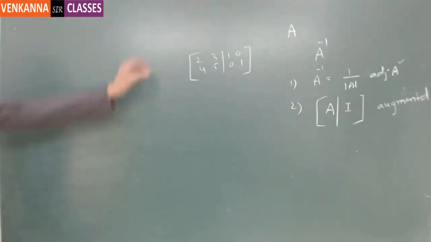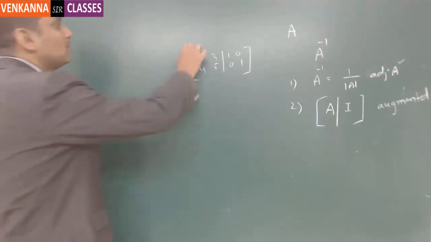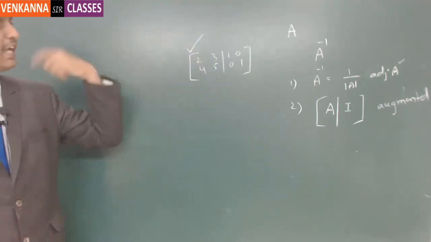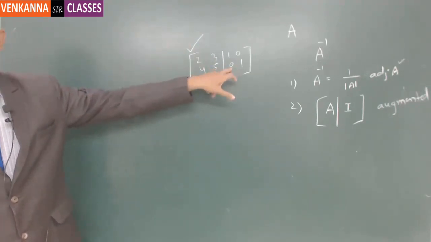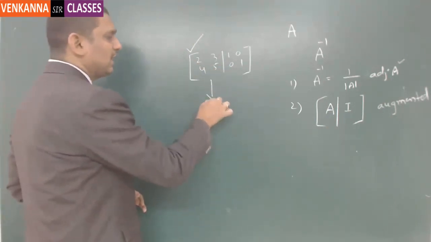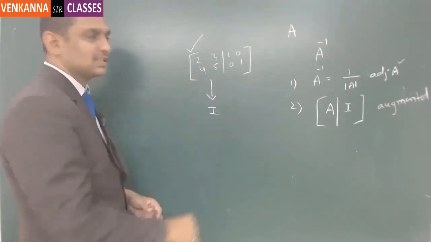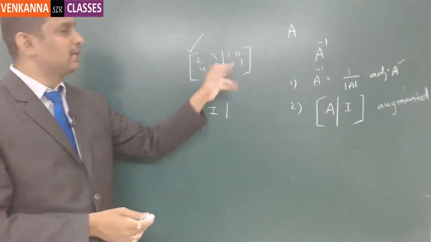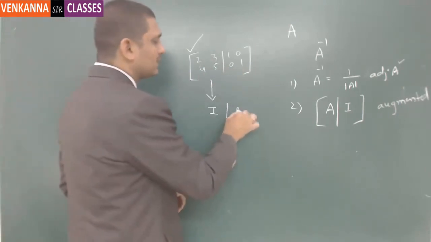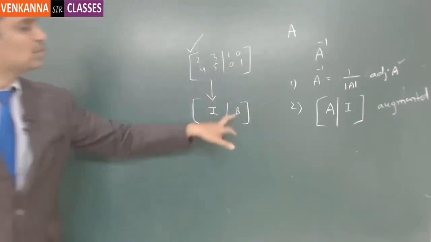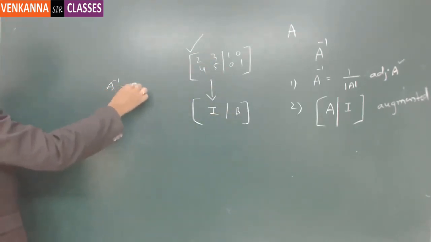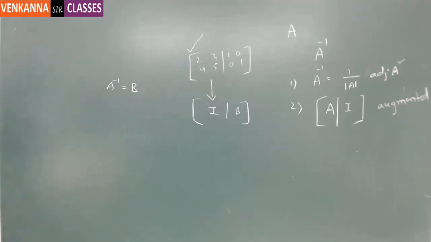Now we apply row operations on this; you can apply column operations too. The same operations are applied to both sides, so that A is transformed into the identity matrix, and on applying the same operations to the identity portion, you get a new matrix. This matrix we call the inverse of A. So A inverse is nothing but B. Is this procedure known to you or not?